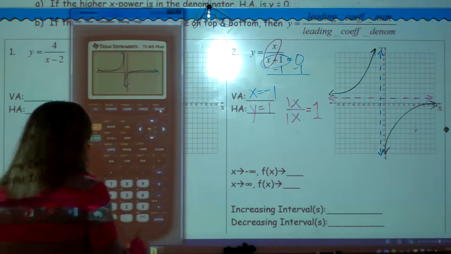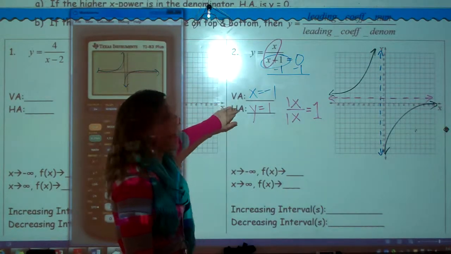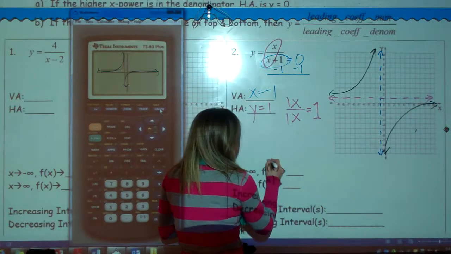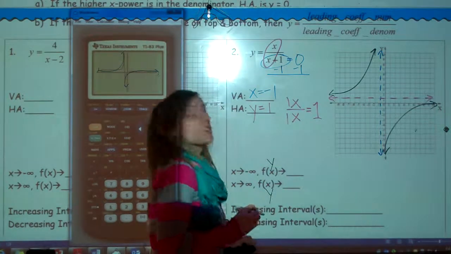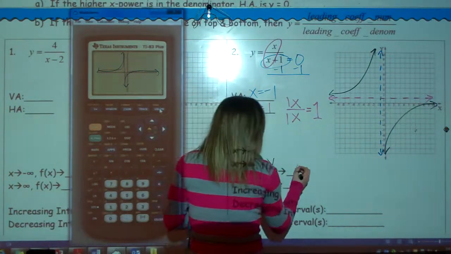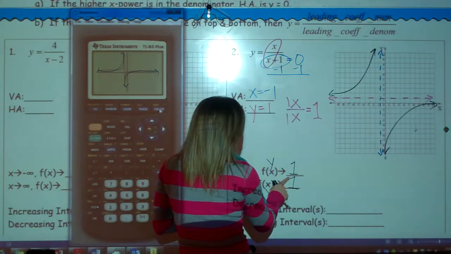All right, so now remember, the end behavior relates to the y value, okay? Because f of x is the same thing as y. So since we're approaching 1, then we're actually going to approach 1 in our end behavior.